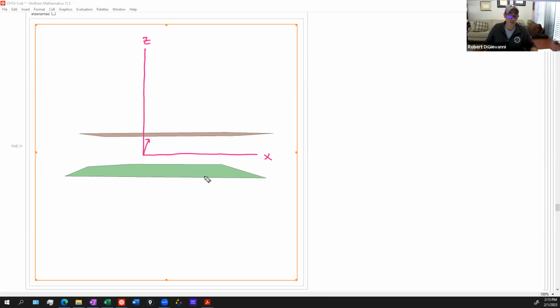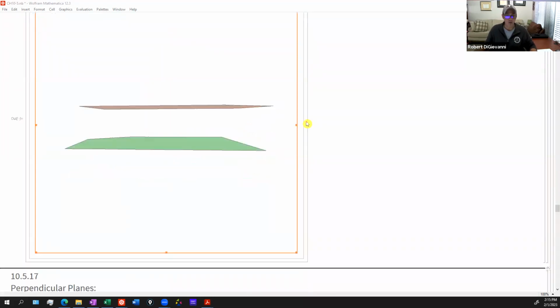Then if I want to know the distance between these, all I need is the difference in the z coordinates, and that would be your answer. But as soon as you tilt them, it doesn't work anymore. Any other questions? Okay, moving on.